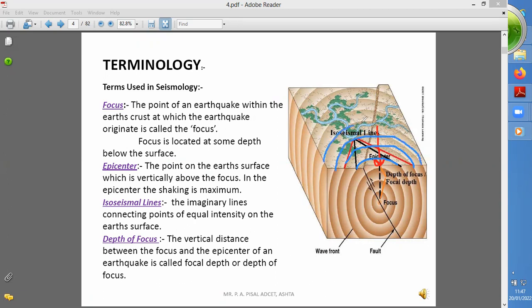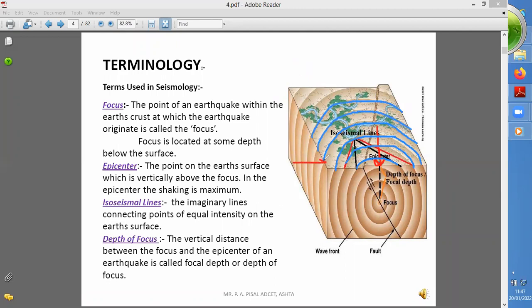Okay, these are the isoseismal lines. These are the imaginary lines, means we can't see that line. They are not visible, but they are present. Now, why is it considered as an isoseismal line?